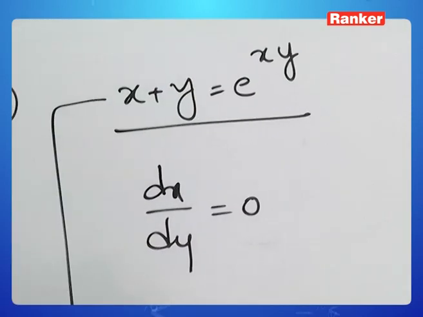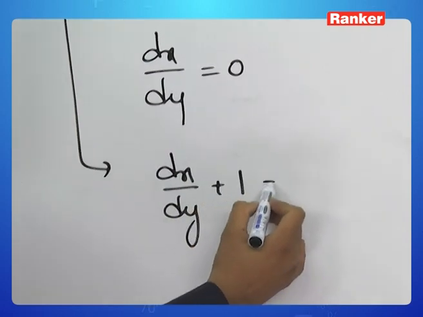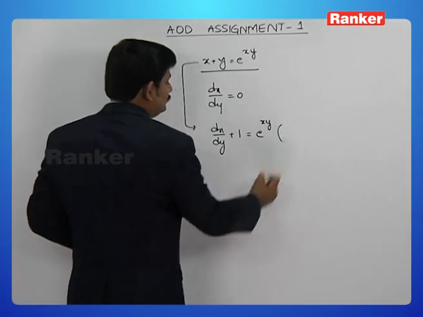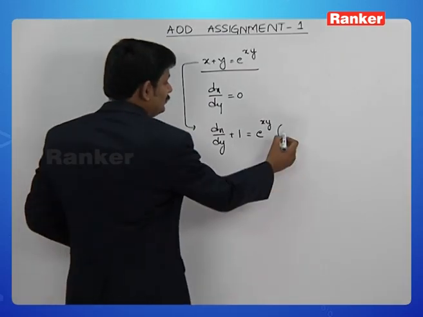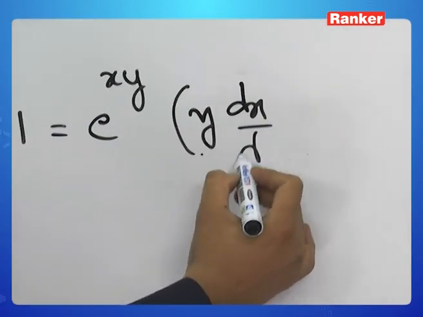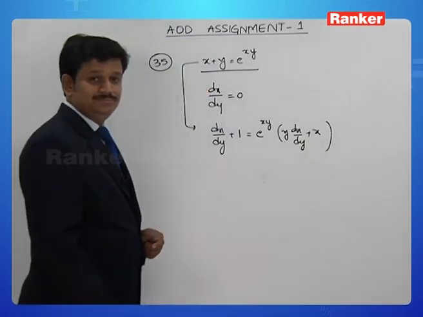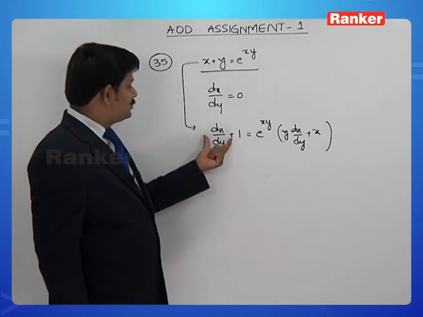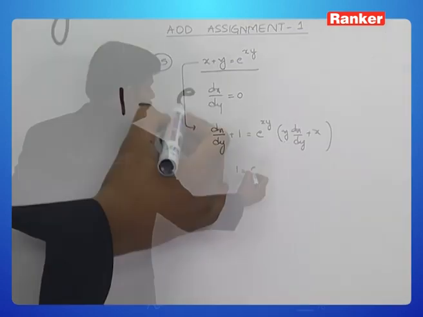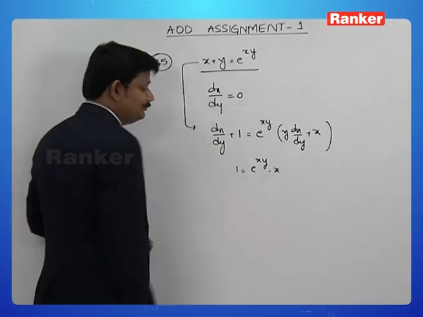When I differentiate with respect to y, dx by dy plus 1 is equal to e power xy into the derivative of xy, which is y into dx by dy plus x into the derivative of y, which is 1. Now, dx by dy we know is 0. Putting it as 0, 1 is equal to e power xy into this quantity, which is 0 into x.